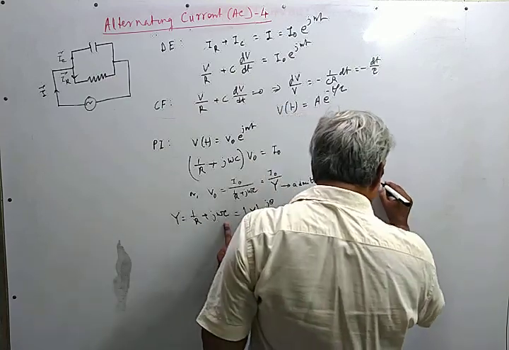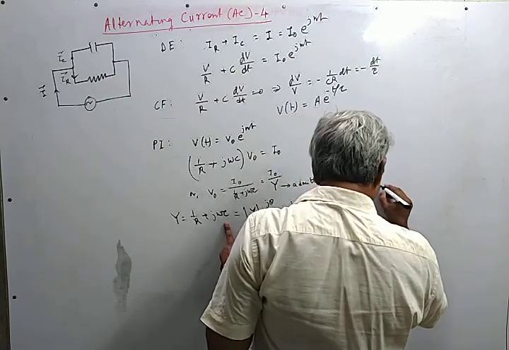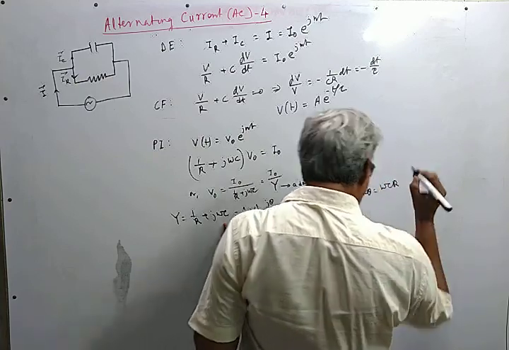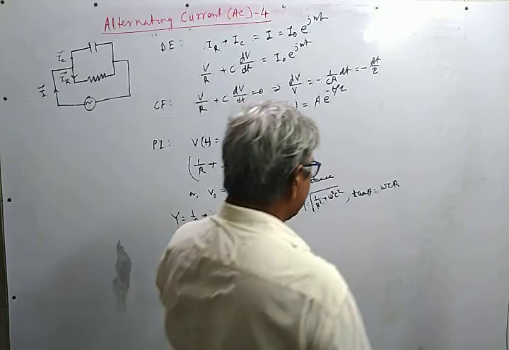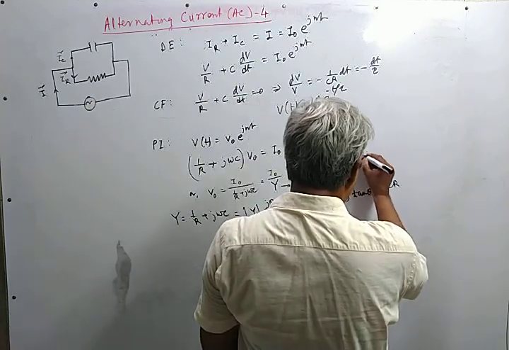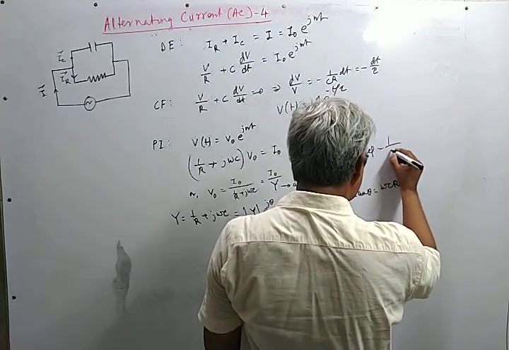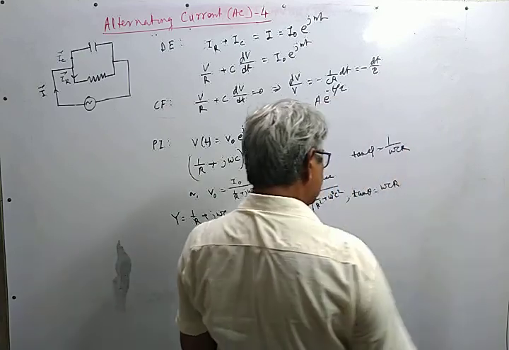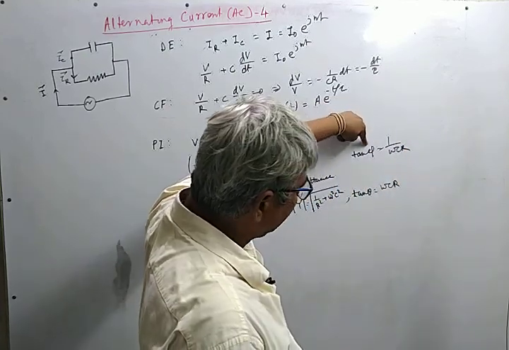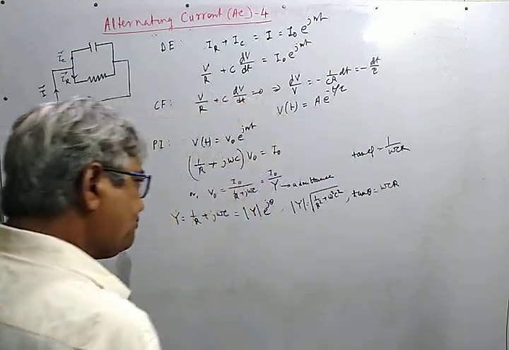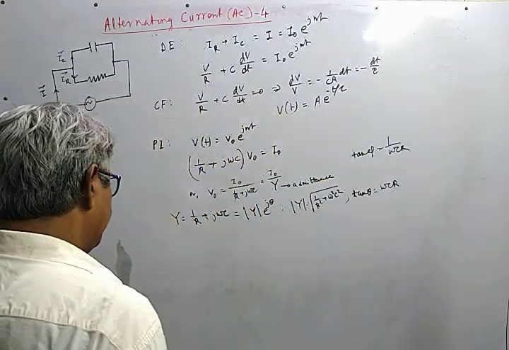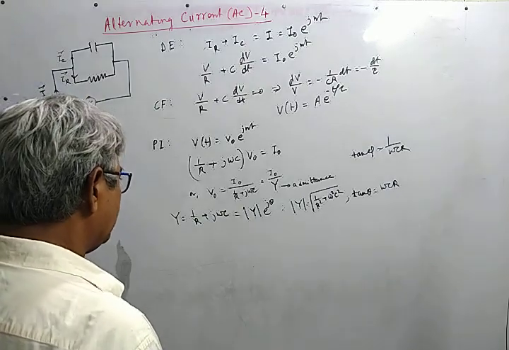Tan theta is equal to omega CR. We will compare this with the result obtained in the case of the series circuit. This is the series circuit. The phase is pi, and here we have used the phase as theta. So the phase relation is also reciprocal to each other.